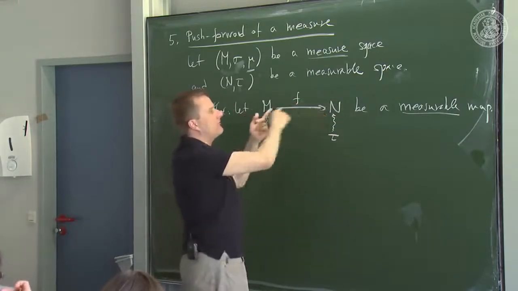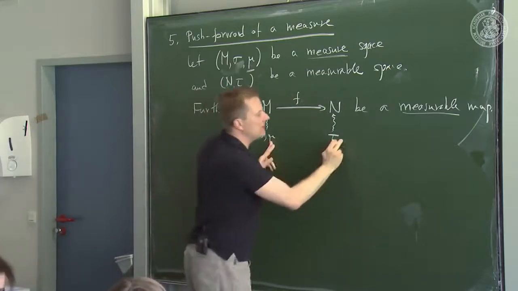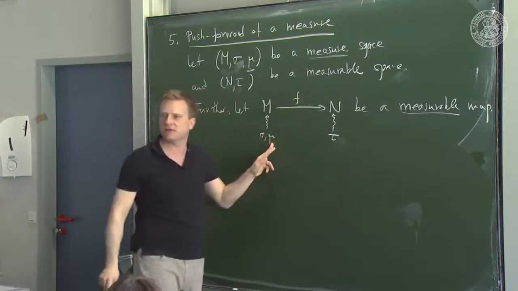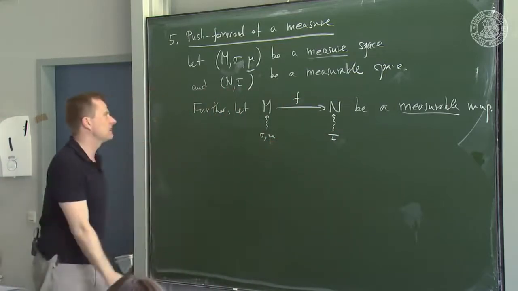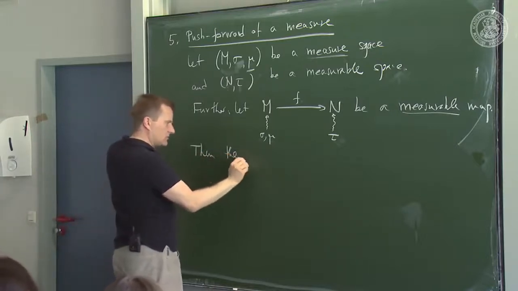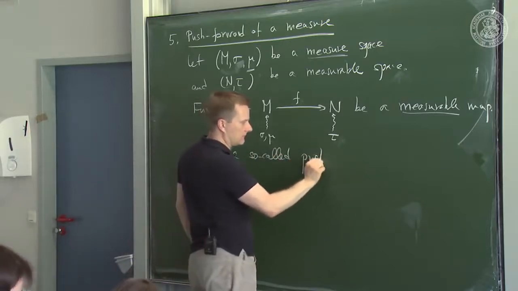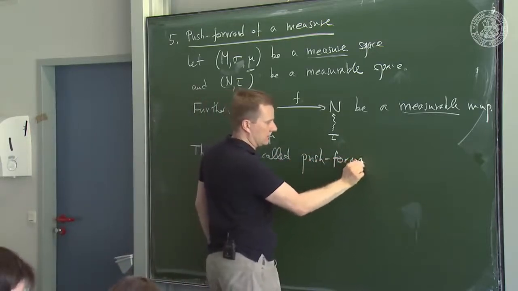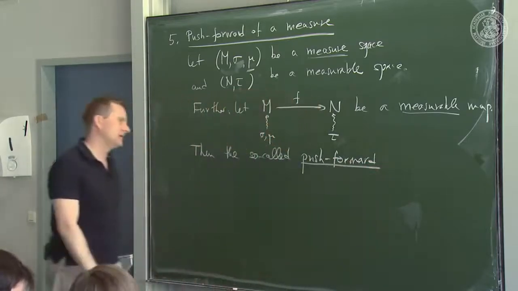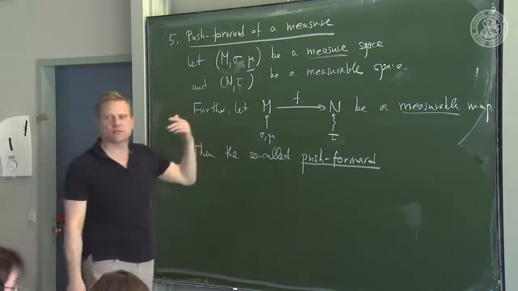Now the question is, if I have a measurable map, can a measurable map carry this μ here, and I get a μ here induced from this μ and the specific measurable map? Yes. Then the so-called push forward, push forward is more like a term that's very generic, because this principle you have very often in differential geometry.